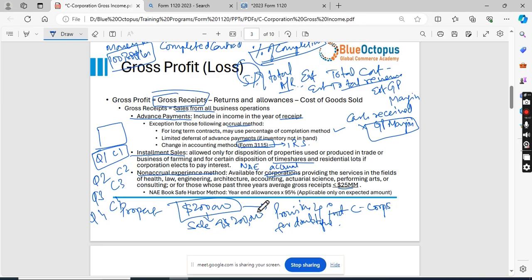However, for the NAE method, they are allowed to take provision of doubtful debt, right? So that way you can convince your client and make them yours, right?